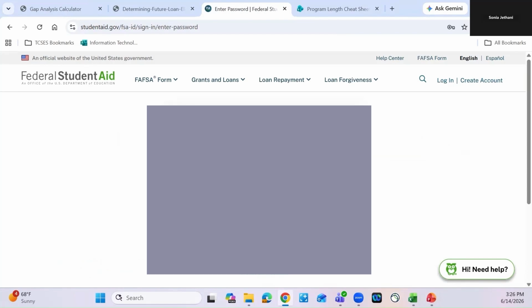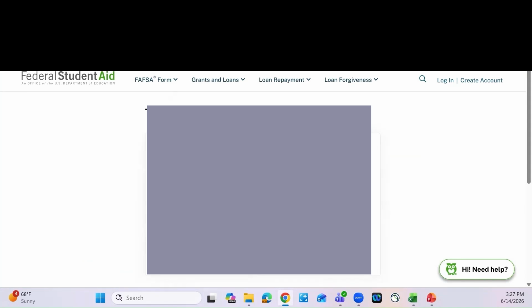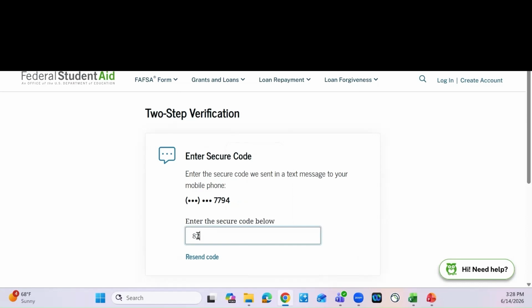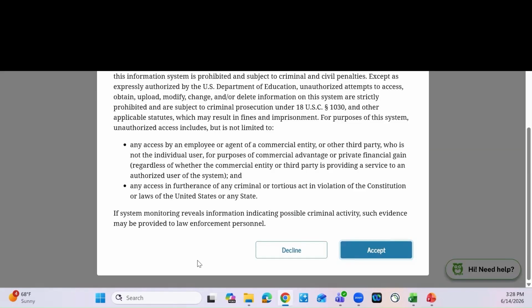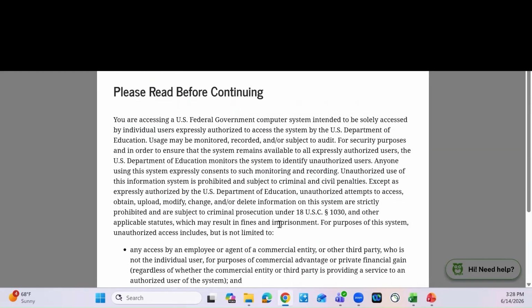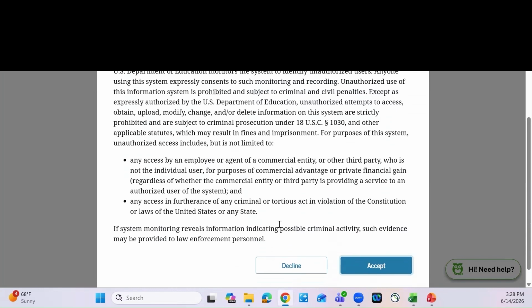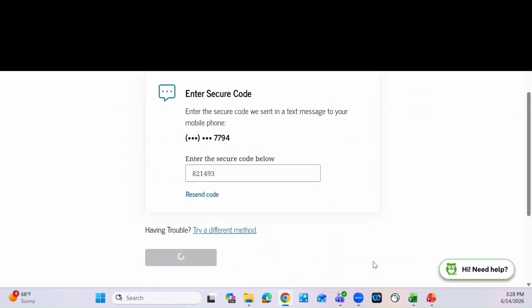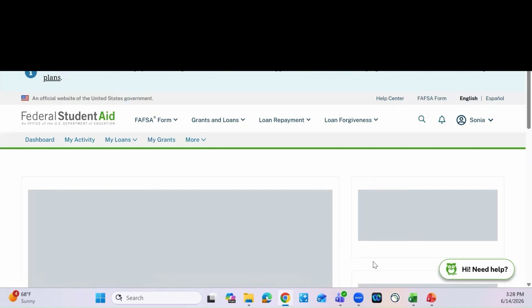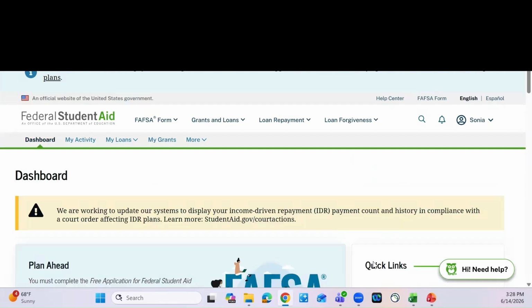Enter your password. Use the two-step verification process to sign in. Review the disclosure. You must click Accept to be able to get to your dashboard.